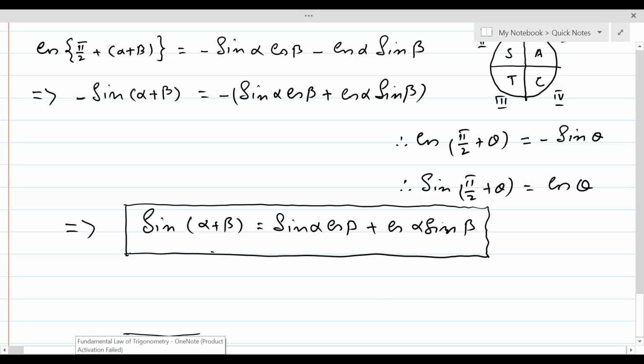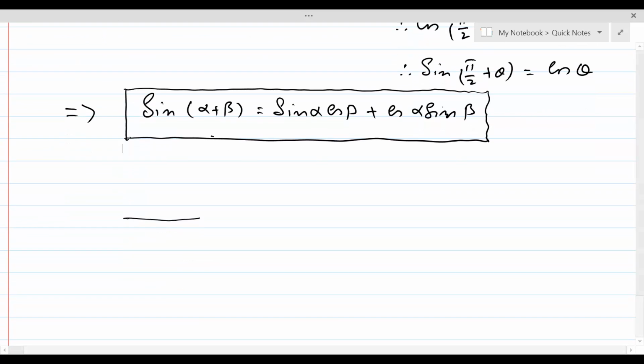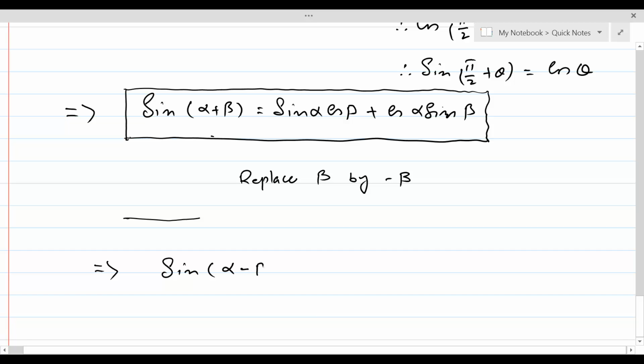So let's use this. Now replace beta by minus beta in this, and if we do that, this means we have sine of alpha, instead of plus beta, now we have minus beta, because we have made that replacement everywhere in the formula.